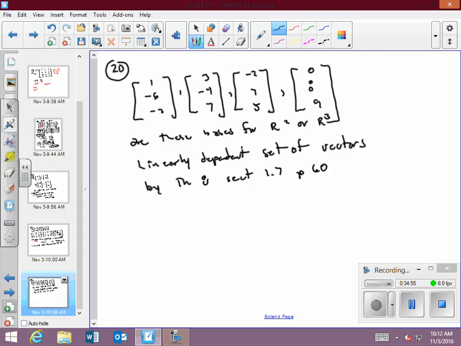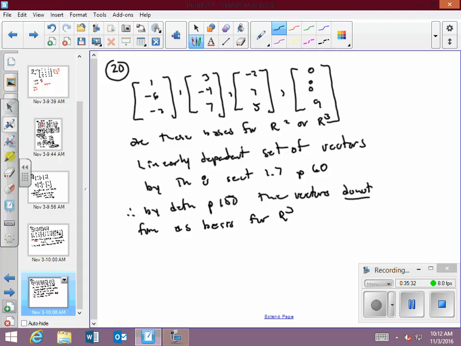Now, let's see how we're going to say that. Therefore, by definition, page 150, the vectors do not form a basis for R3.